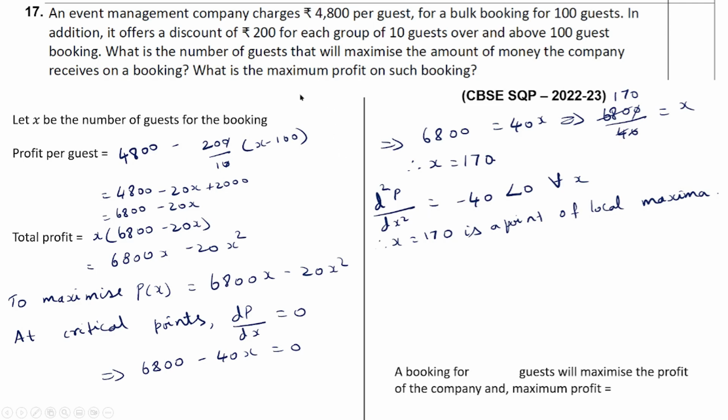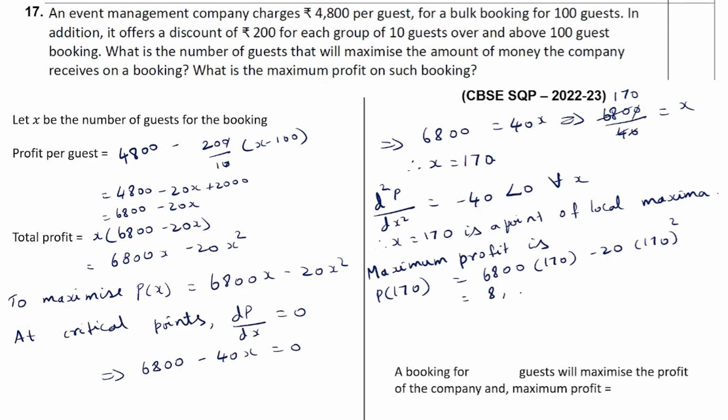They are also asking the maximum profit. The maximum profit can be obtained by substituting x equal to 170 in this profit function. Maximum profit is P of 170. It is 6,800 into 170 minus 20 into 170 the whole square.